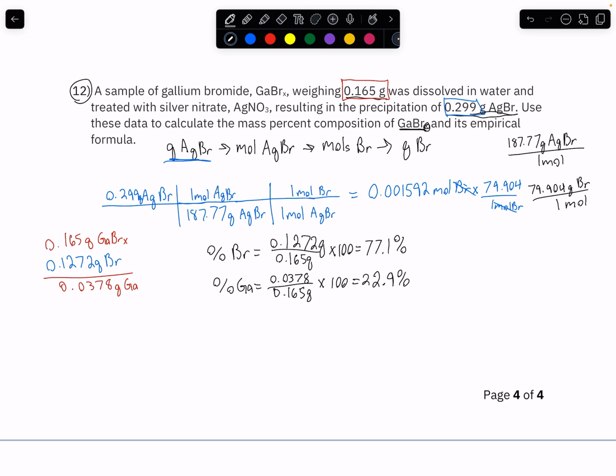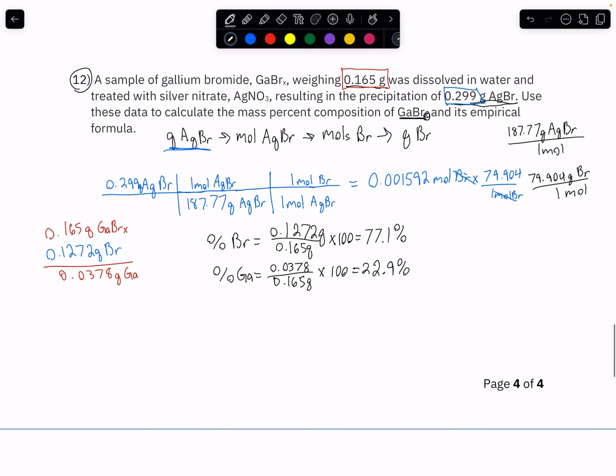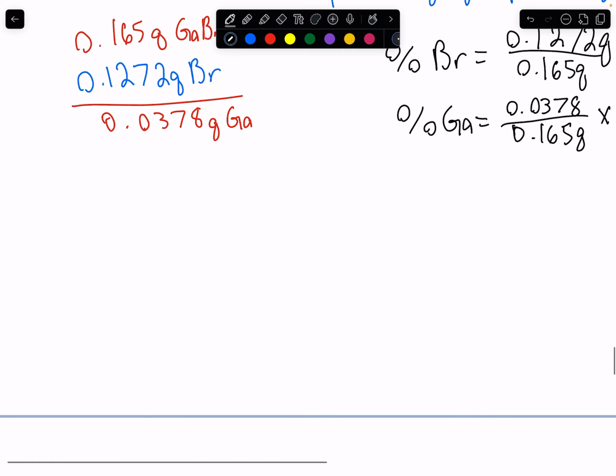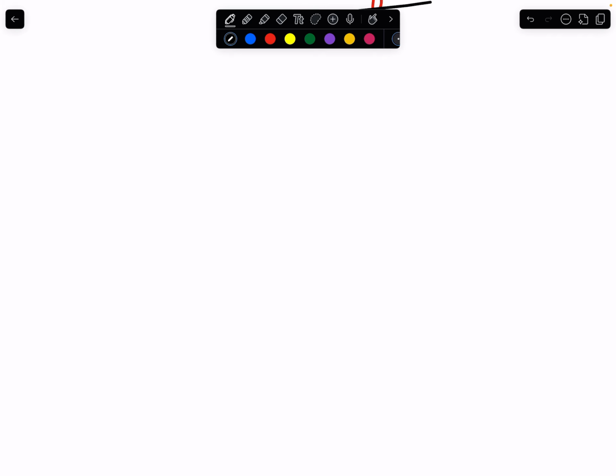So we have our mass percents of the composition, but we still need to figure out the mole per gram ratio. And how we're going to do that is we're going to take the grams that we found of gallium, and we're going to take the molar mass of gallium.